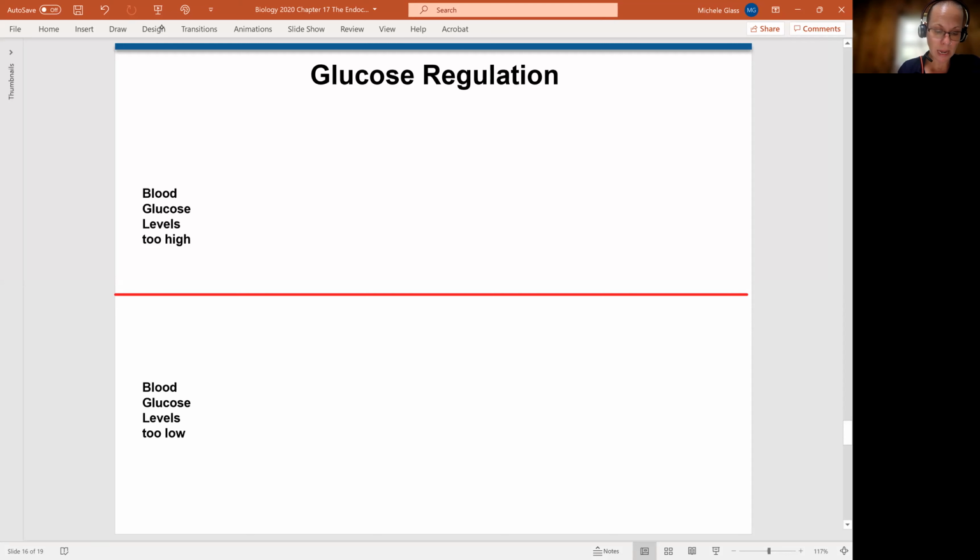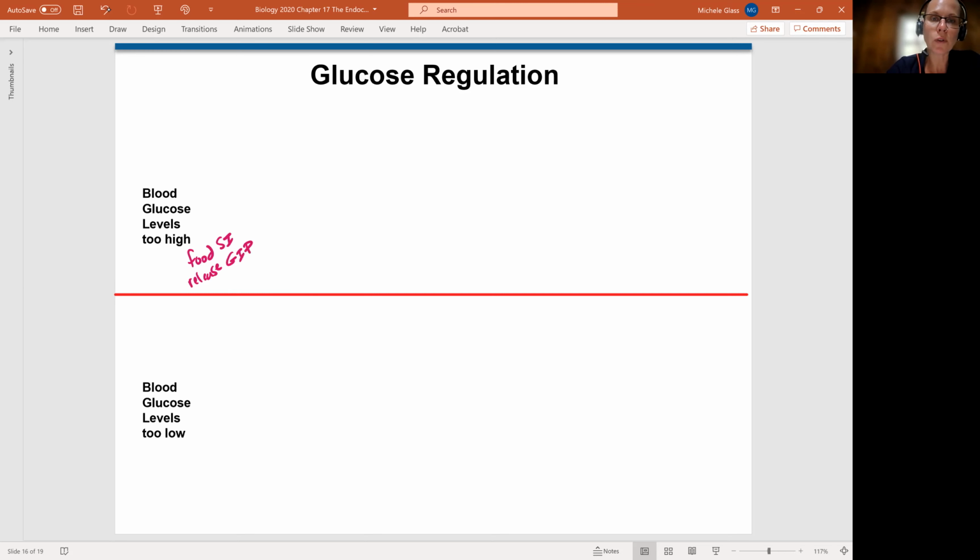So in this case, when our glucose levels are high, what's basically happening is when you have food entering the small intestine, this is going to trigger the release of a hormone called gastric inhibitory peptide, and we can abbreviate that here, GIP.